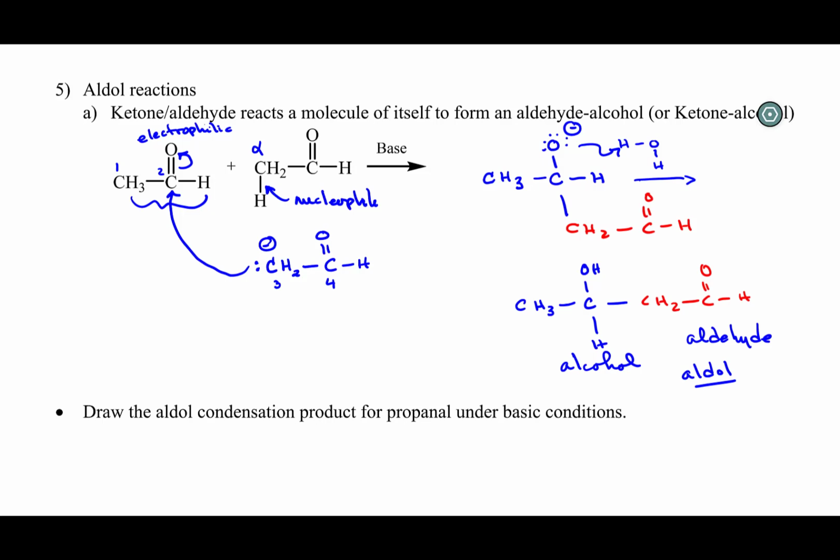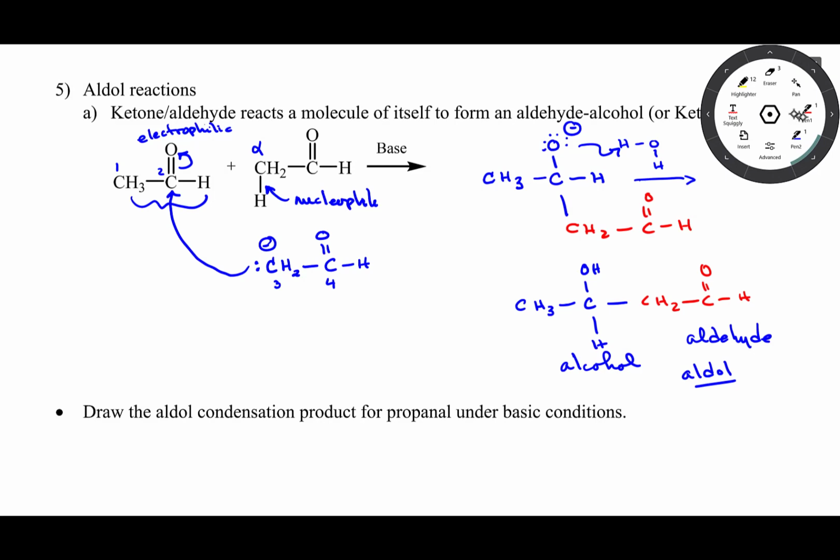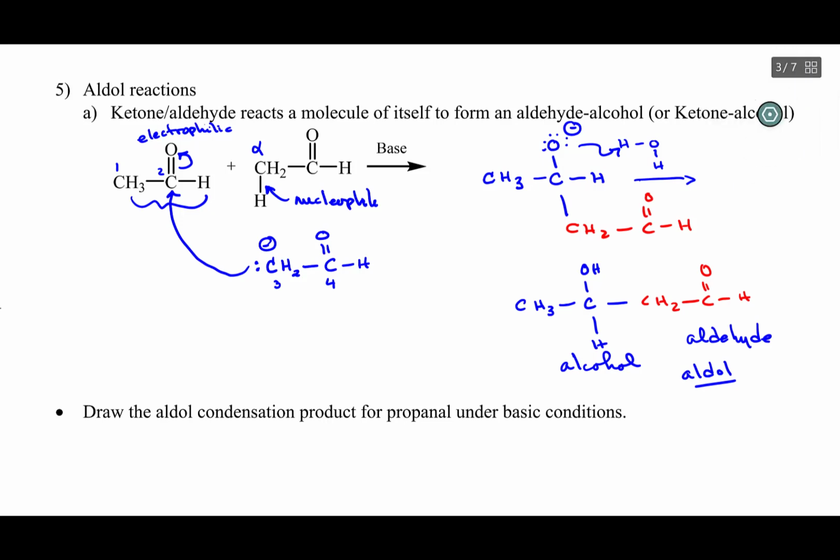And you'll notice a couple of things about the aldol reaction that happened. Let me get a highlighter here real quick. In the reaction, one of the carbons is the nucleophile, and then the carbonyl is the electrophile. So one of the alpha carbons is the nucleophile. One of the carbonyls is the electrophile.